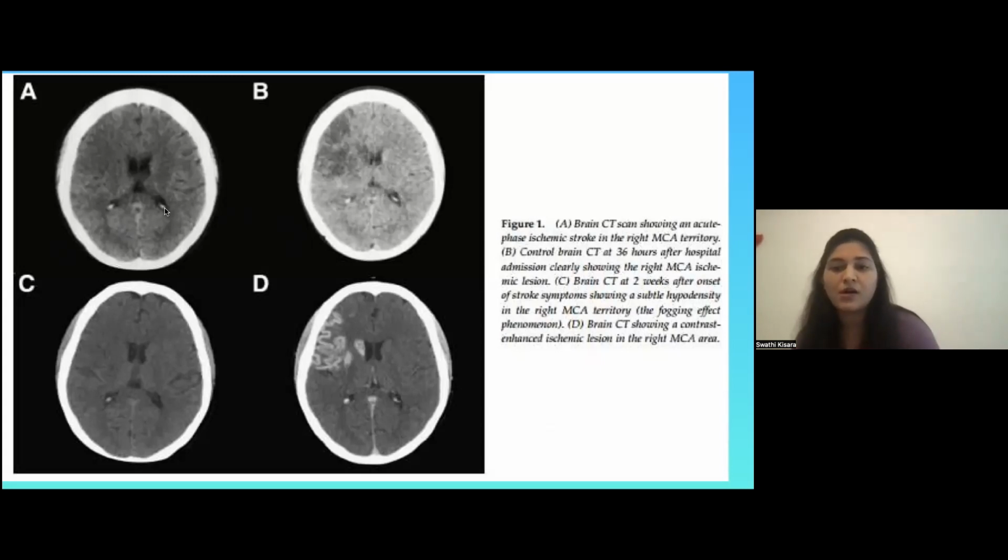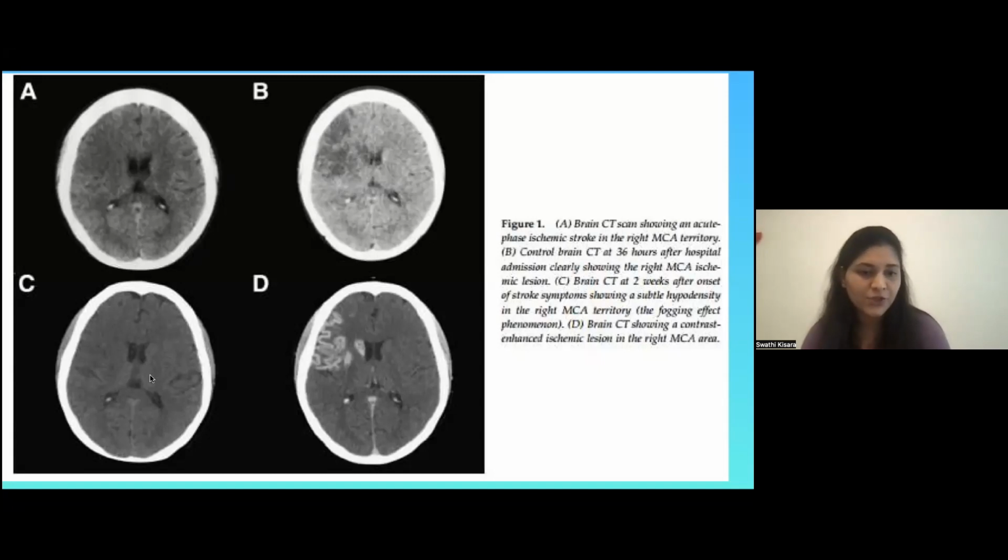So this is the brain CT image in acute phase ischemic stroke in the right MCA territory. We can see that the findings are very subtle. Whereas this is the image that is taken at 36 hours after hospital admission, and it clearly shows the infarct as a hypodense region in the right MCA territory.